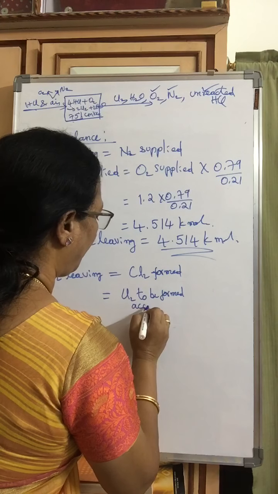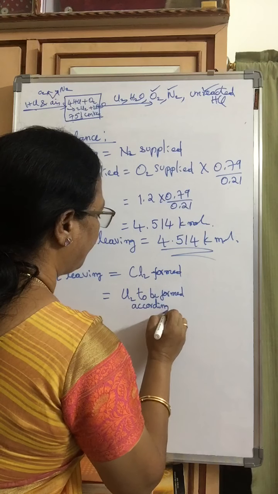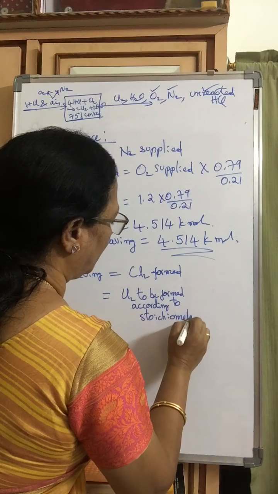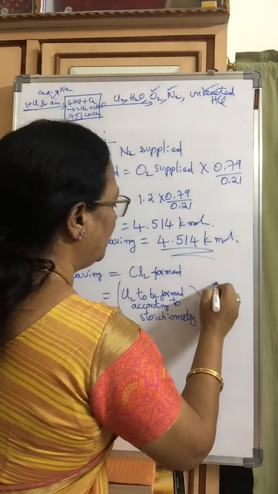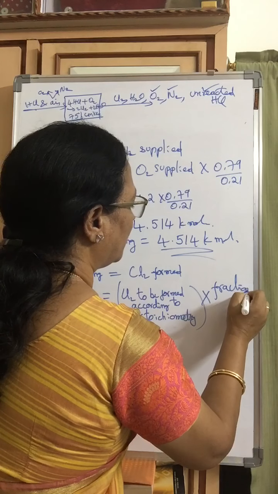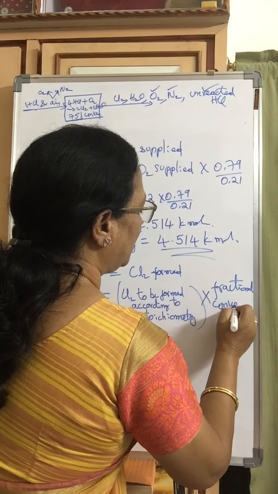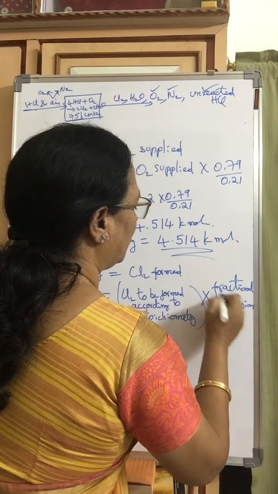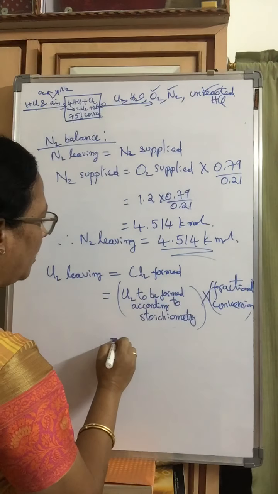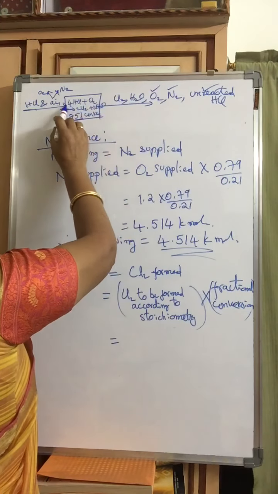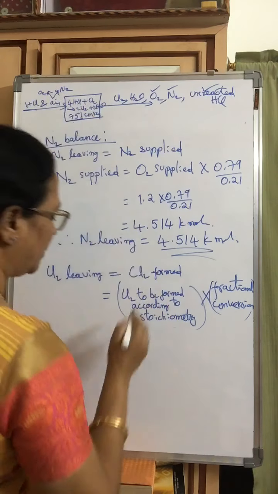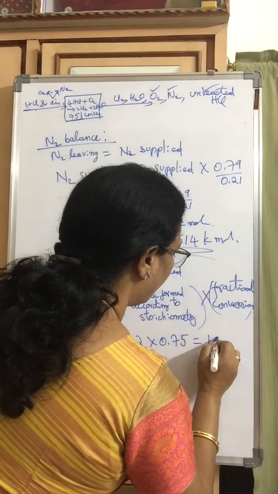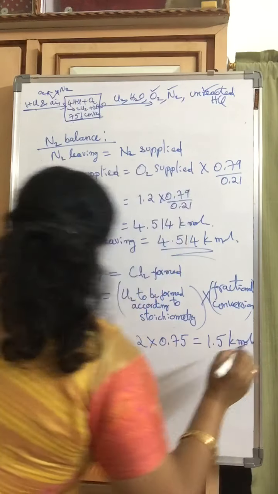According to stoichiometry, for 4 moles of the basis, 2 moles are to be formed. So 2 into the fractional conversion 0.75 is 1.5 kilomoles.